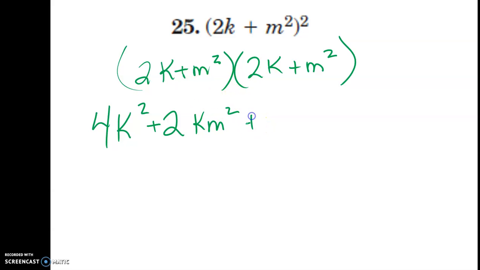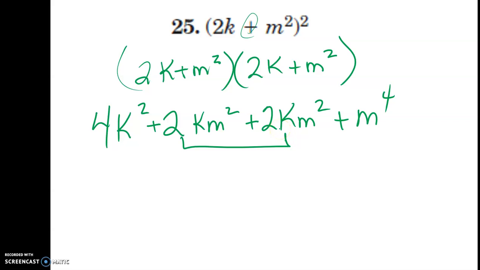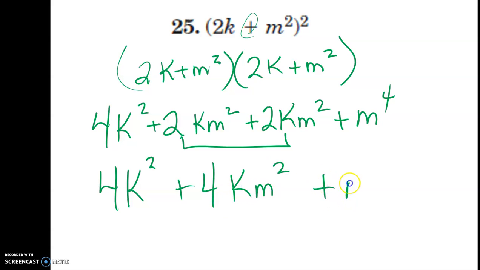Inner two give me 2km squared. Last two, it's a 1 times a 1, so it is 1m to the 4th power. Now, because they were both positive here, that means we do have to add our outer and inner terms. 4k squared plus 4km squared plus m to the 4th power.